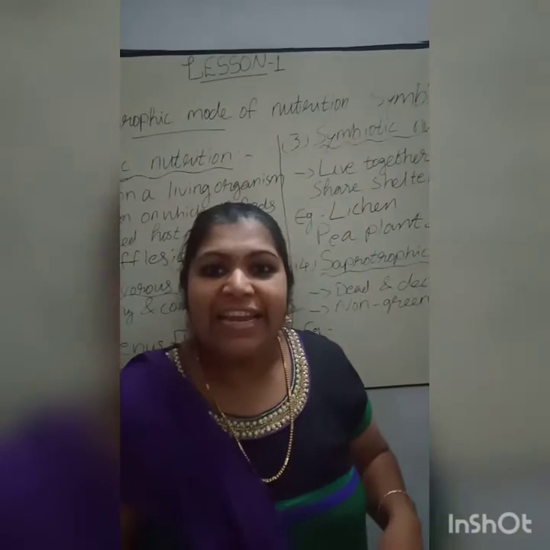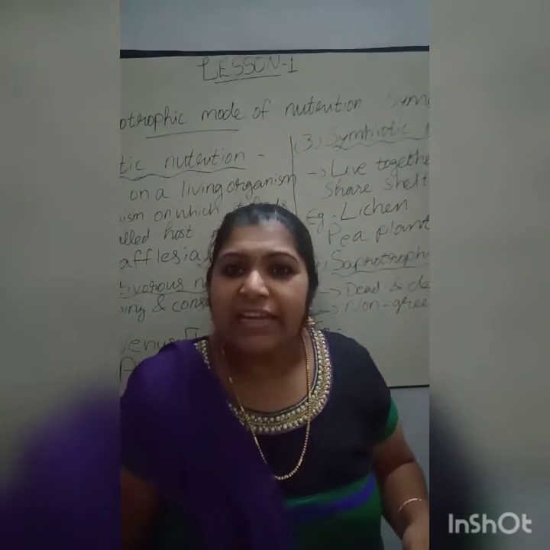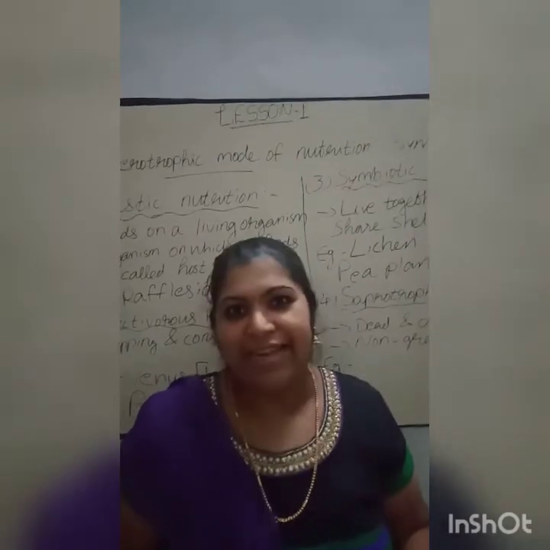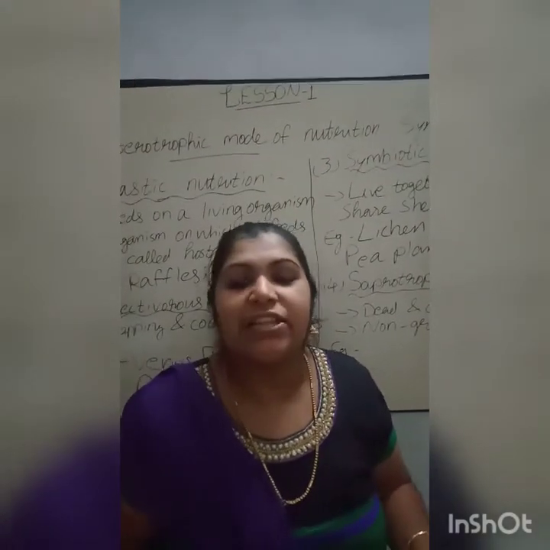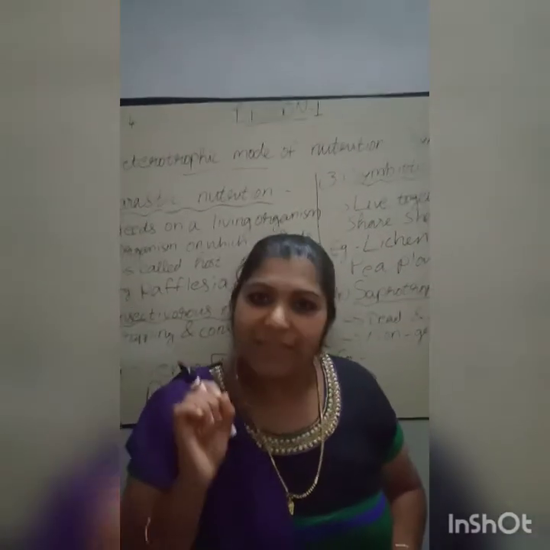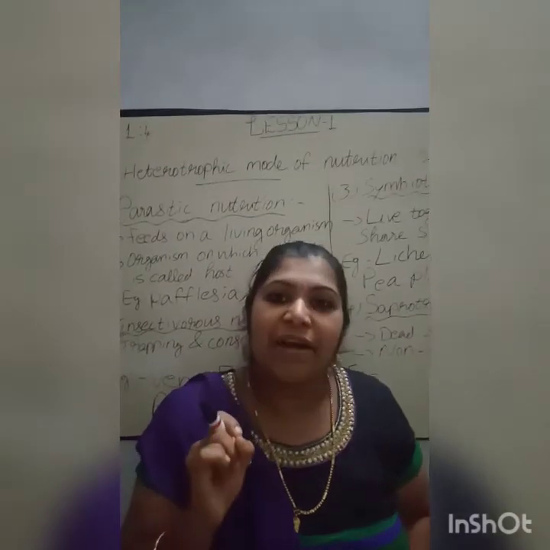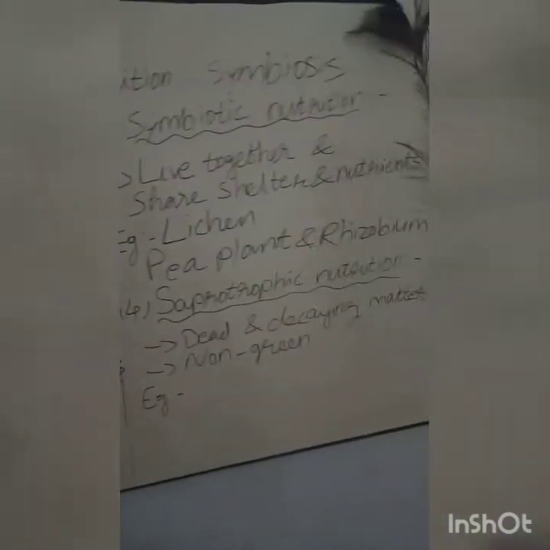They live together and share their nutrients. So these are the two examples for symbiotic mode of nutrition: the first one is lichen, the second one is pea plant and rhizobium bacterium.